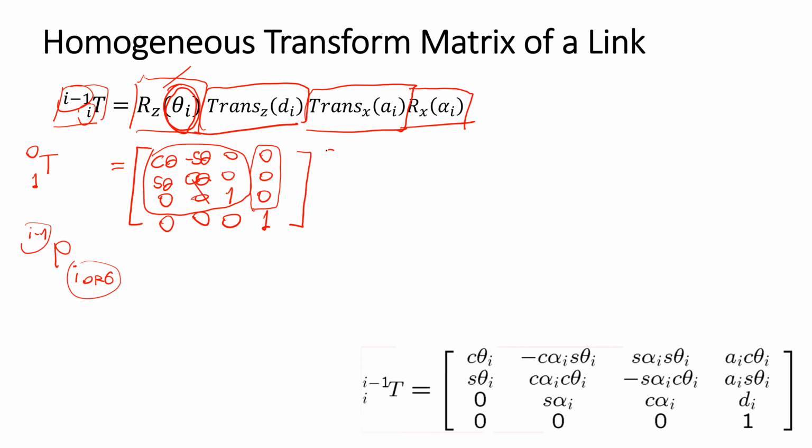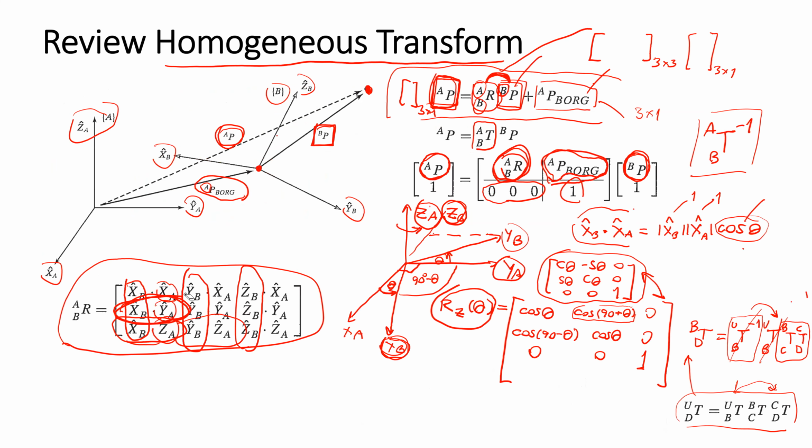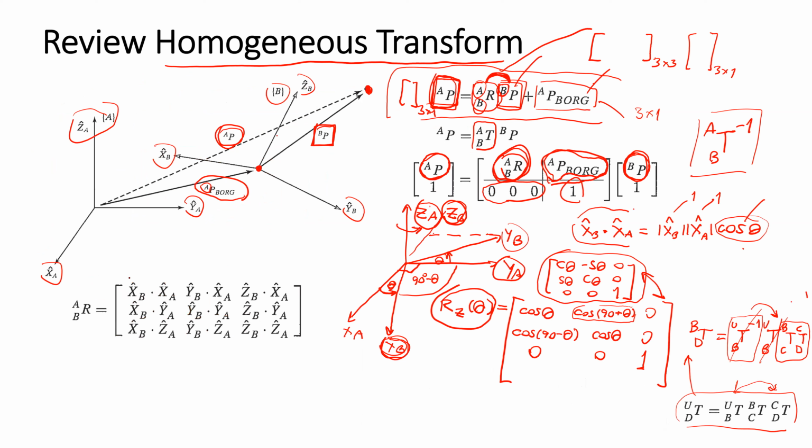Okay, how about the effect of translation in the z-axis? With the translation, the direction of the moved frame and the original frame doesn't change. So XA and XB are in the same direction, and YA and YB are in the same direction.